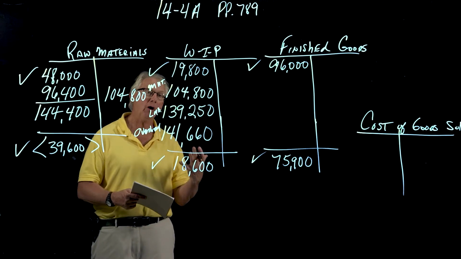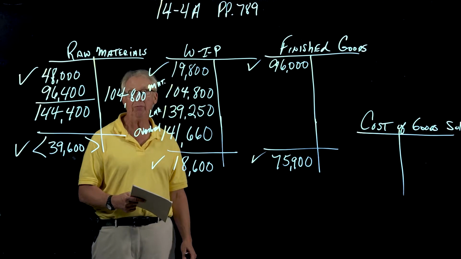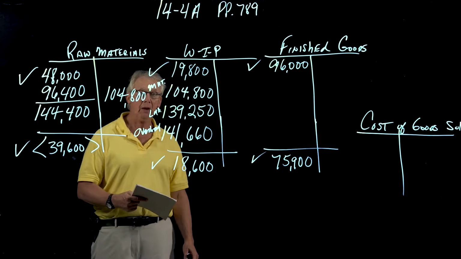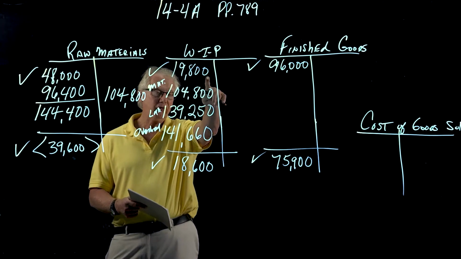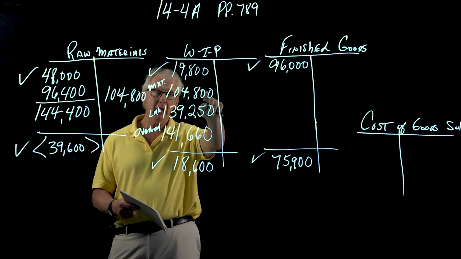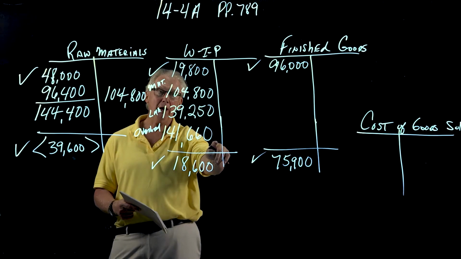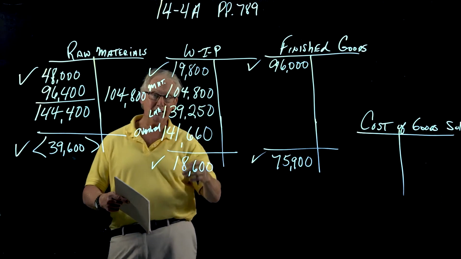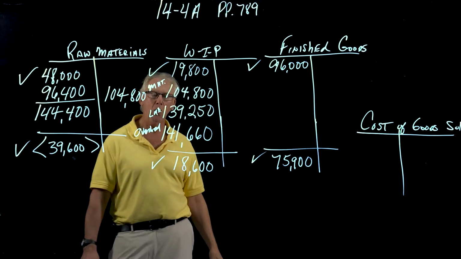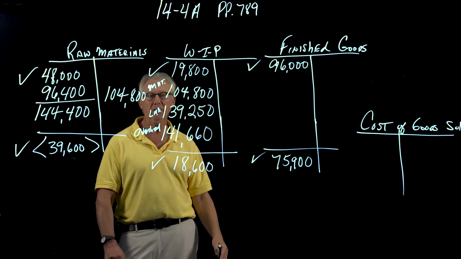Okay, so now you're ready to solve the problem of cost of goods manufactured. You want to know what the cost of goods manufactured for the period is. And all you do is you take your beginning balance in work in process, and you add your three costs to your beginning balance. Okay, that gives you a line item called total work in process for the period.